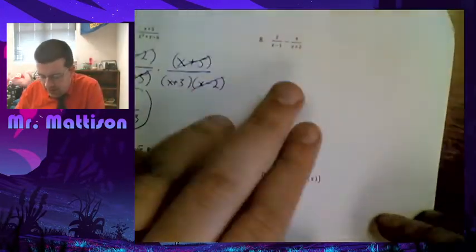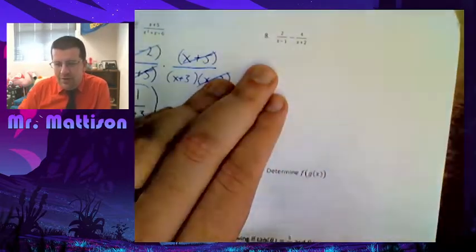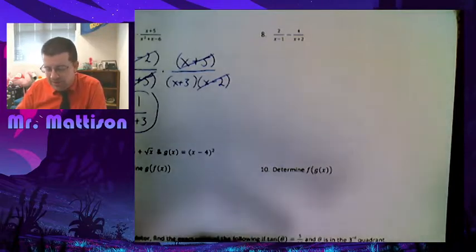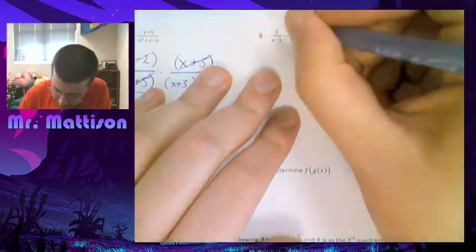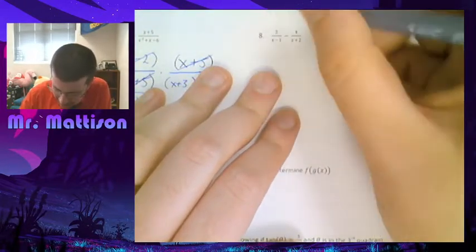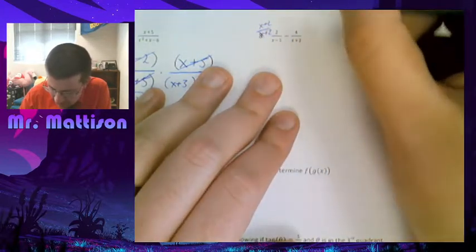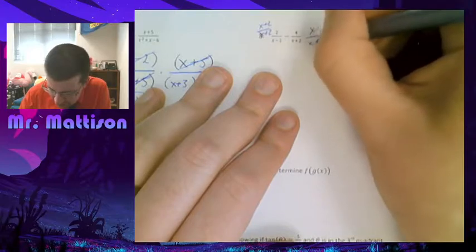All right. 8, if I want to subtract or add any kind of fractions, I have to get common denominators first. So in order to do that, I'm going to multiply the left-hand side by x plus 2 over x plus 2, and the right-hand side by x minus 1 over x minus 1.